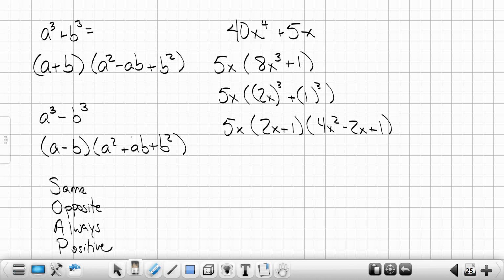Okay, they're always the same sign, then the opposite sign, and the b squared is always going to be positive at the end. So let's get the last two in, and then an extra example before I cut you a little loose.